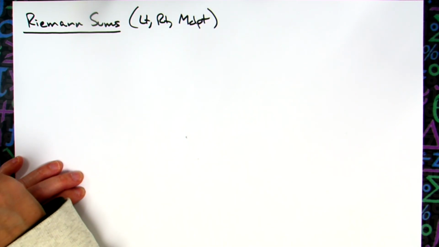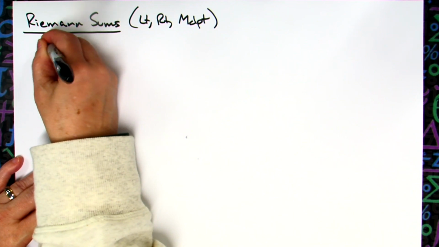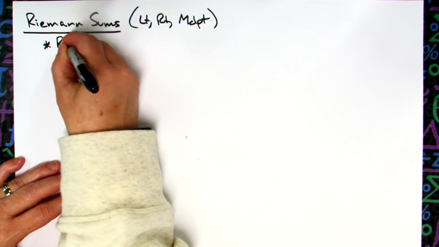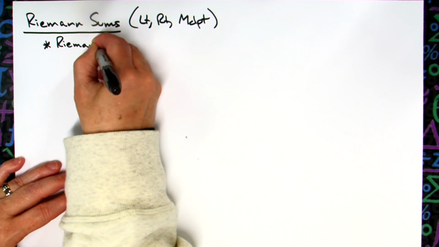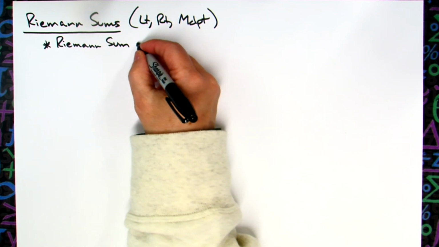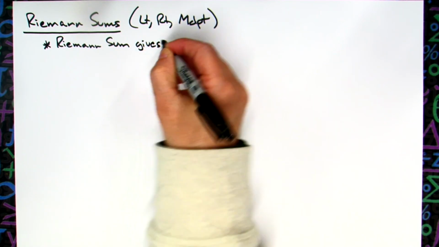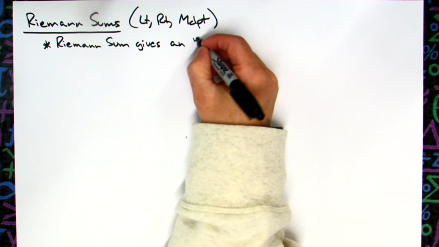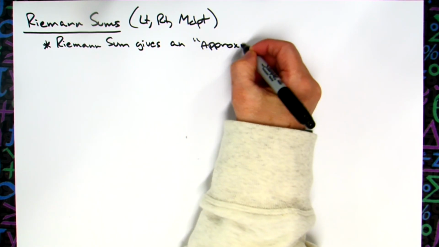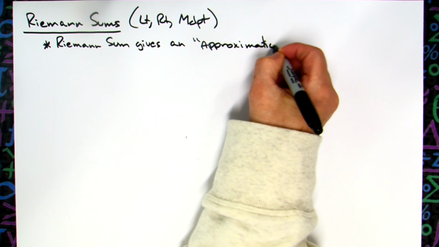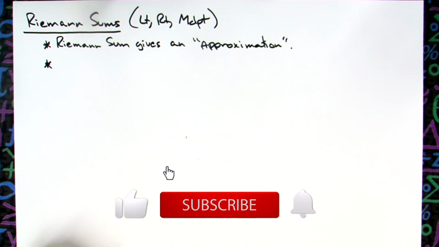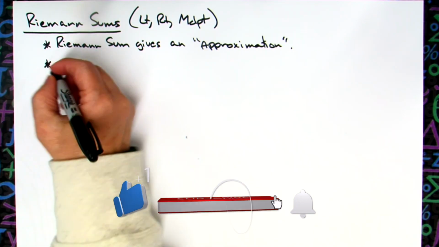Okay, because I'm going to address all three of them. All right, I clearly, definitely want you to know a Riemann sum gives an approximation, as compared to an integral.